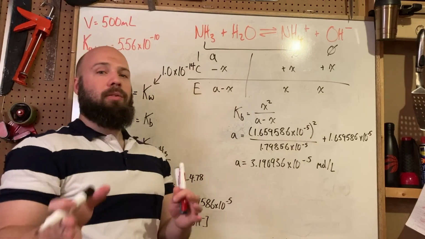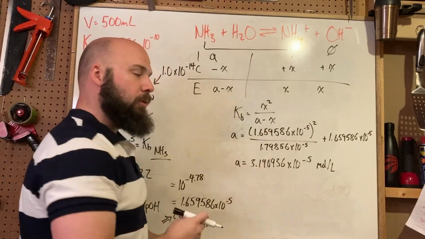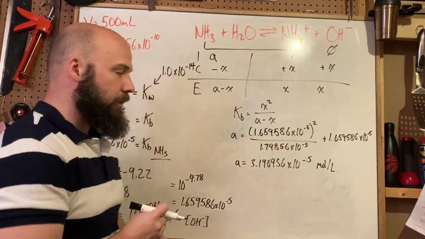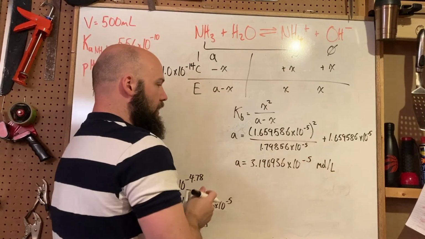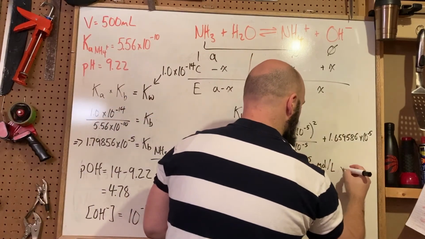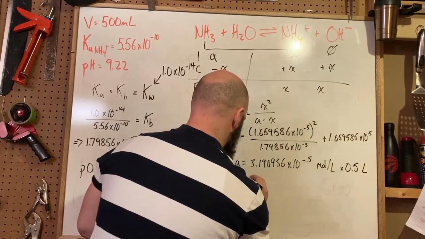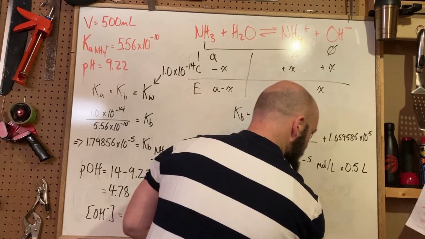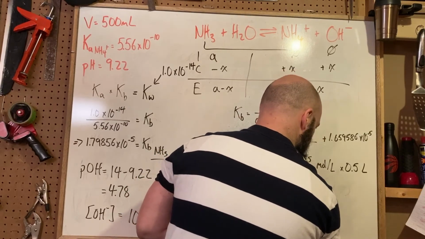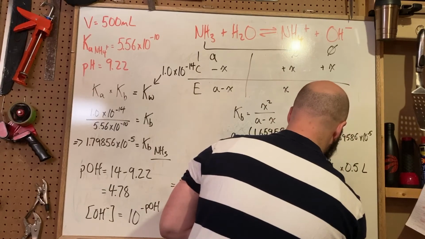Now you are asked for the mass that would need to be added to a 500 milliliter solution. So we're just going to convert back to mass. We have concentration. Let's multiply it by our volume, which is 0.5 liters, to get 1.595468 times 10 to the negative 5 moles.